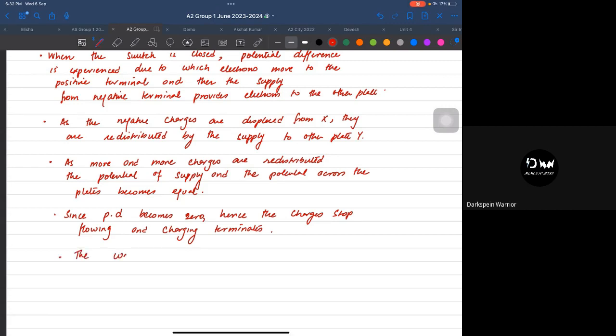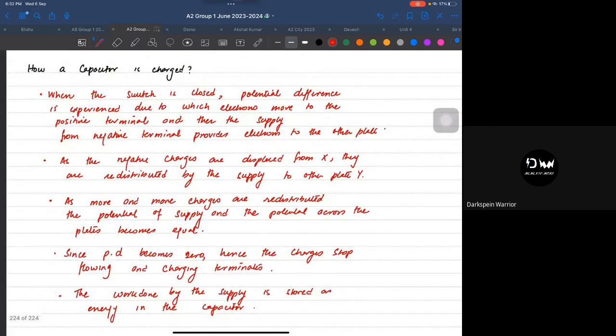The work done by the supply is stored as energy in the capacitor. So that is what is happening here. Okay. You can write this down, then you're going to go forward.